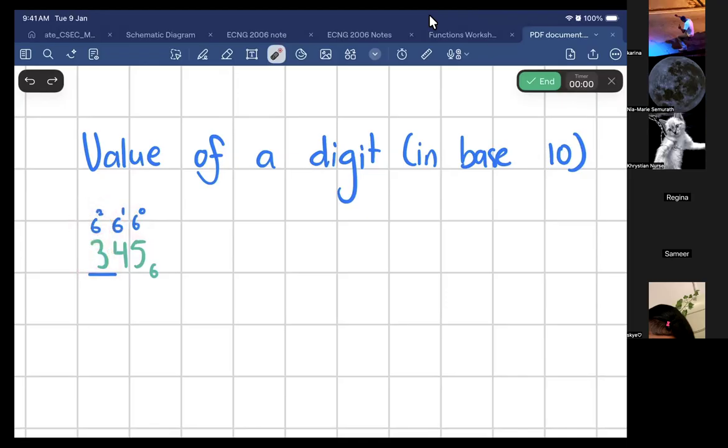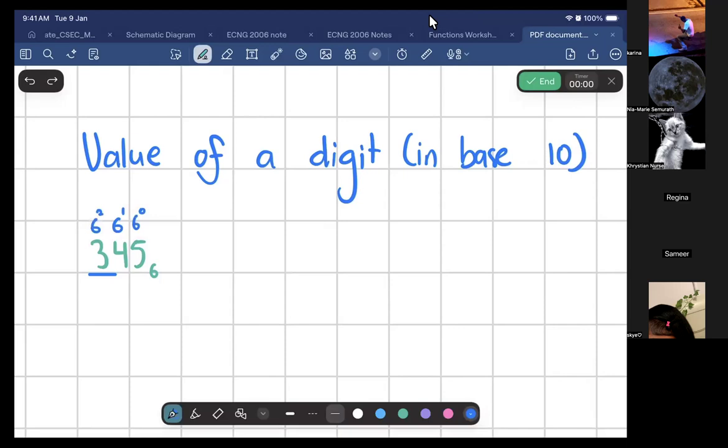So if I want to figure out the value of the 3, that would really be 3 times 6 squared. 6 squared is 36, and 36 times 3 is 108.